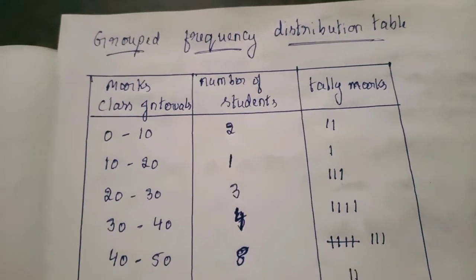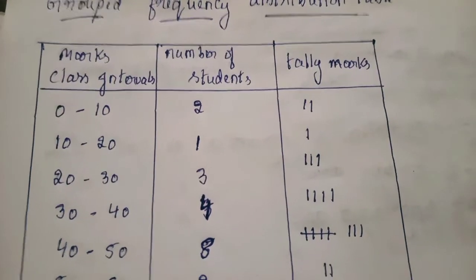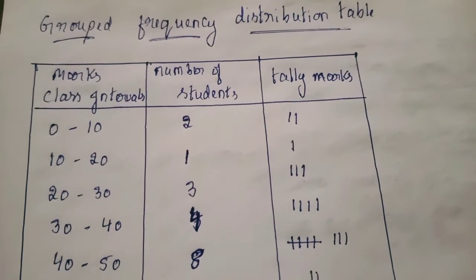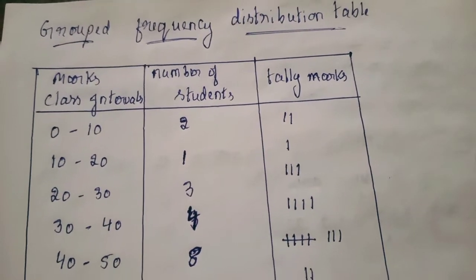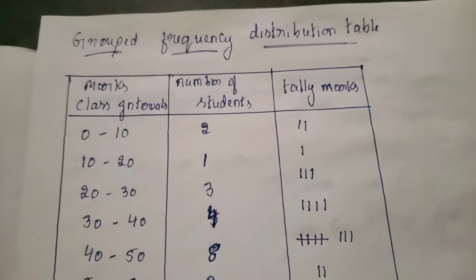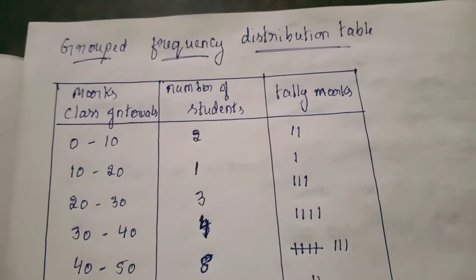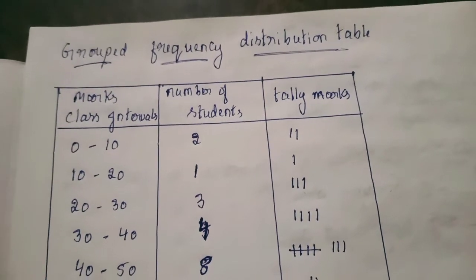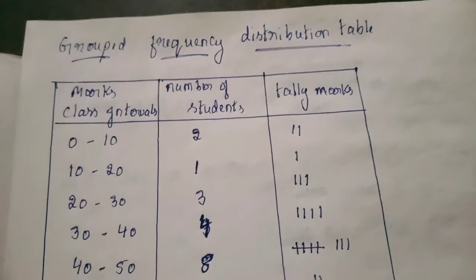So, how to convert ungrouped to grouped? This you already learned in 9th standard. Now let me give a quick recap of how to convert ungrouped data to grouped data, and what the terms are. You have new terms in the grouped frequency distribution table.